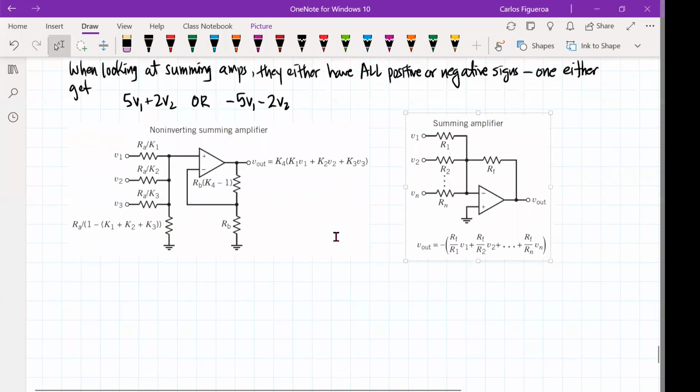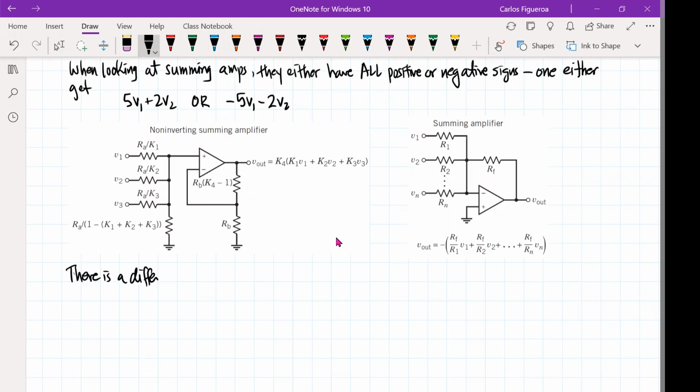And the other thing here is that there is a difference amplifier, but the gains are all the same.